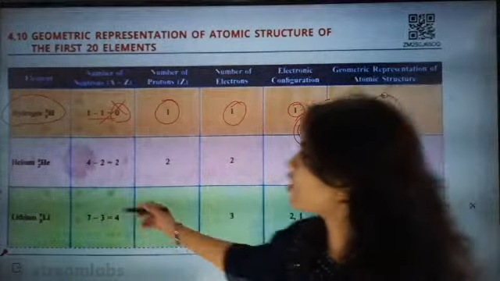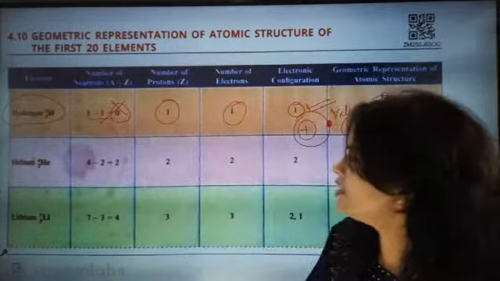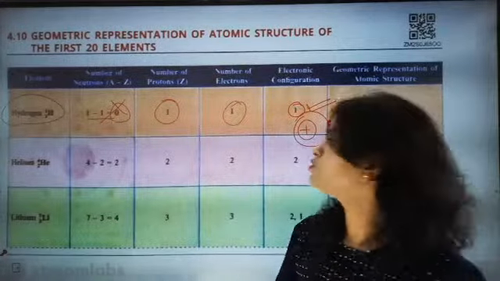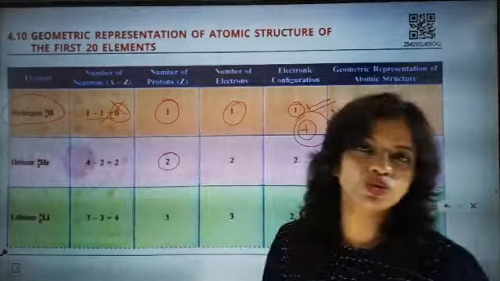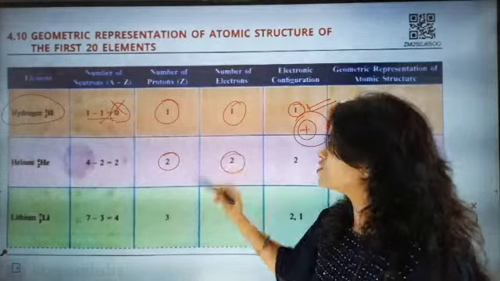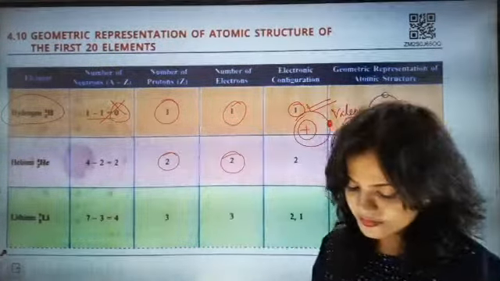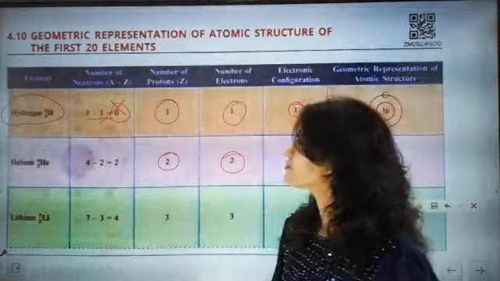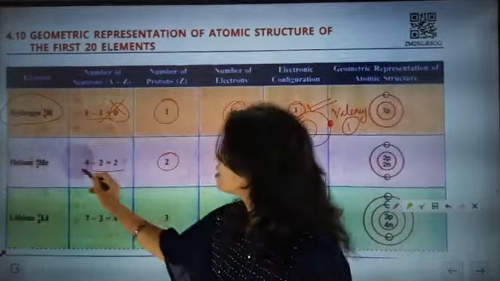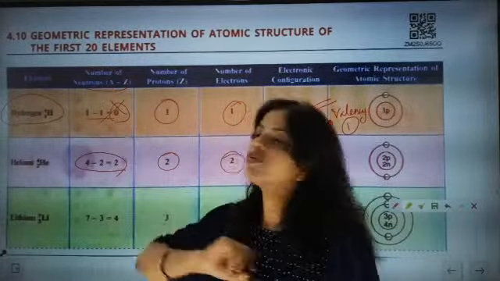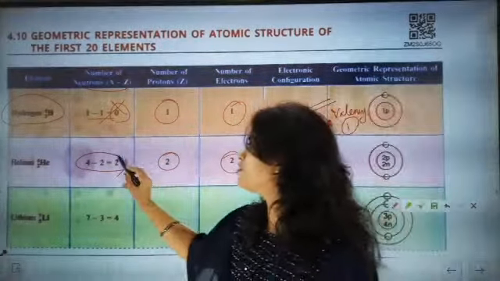Now we are going to talk about helium. How many protons does helium have? The number of protons is 2. The number of electrons is 2, because that many electrons will be there as protons. Now what is the number of neutrons? The number of neutrons is 2.